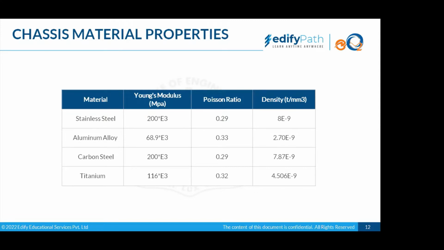So this table gives us a glimpse that we should be going either for stainless steel or carbon steel. So what is Poisson ratio? Poisson ratio is again the change in width per unit of material to the change in length per unit of material.